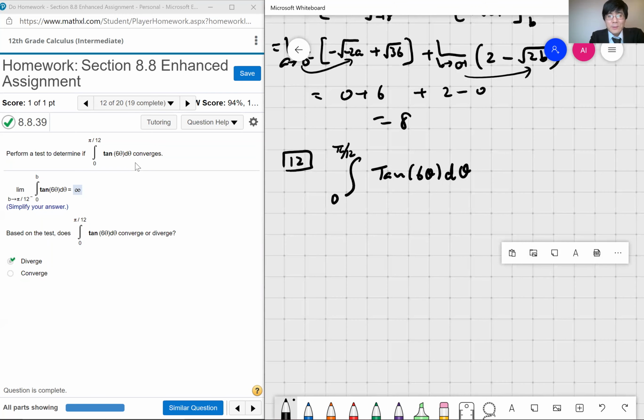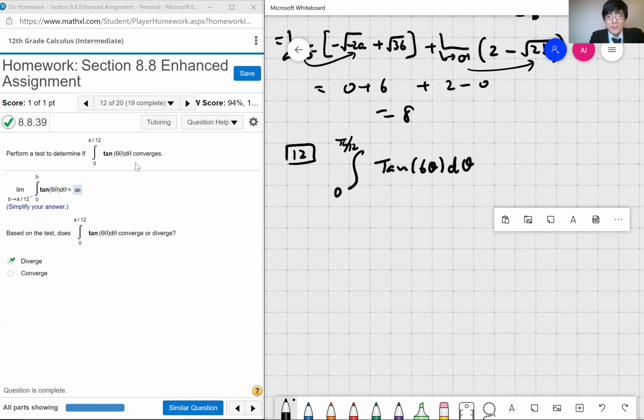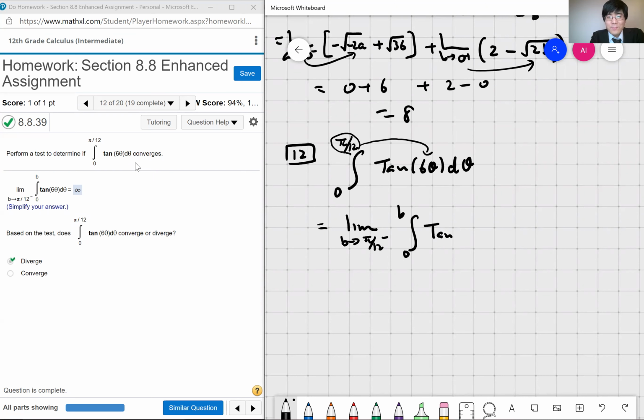This function is undefined at pi over 12 because when you plug in here, the inside of the tangent becomes 90 degrees, and tangent is not defined at 90 degrees. So we have to use the limit as b approaches pi over 12 from the left side.